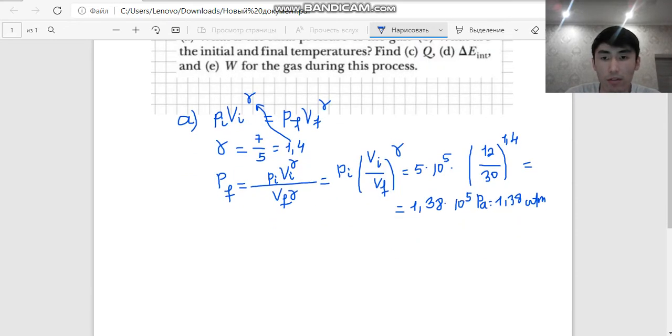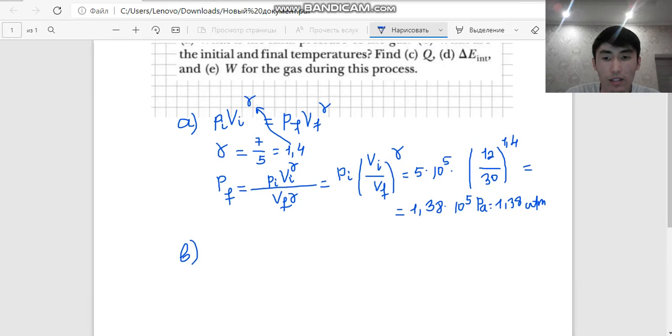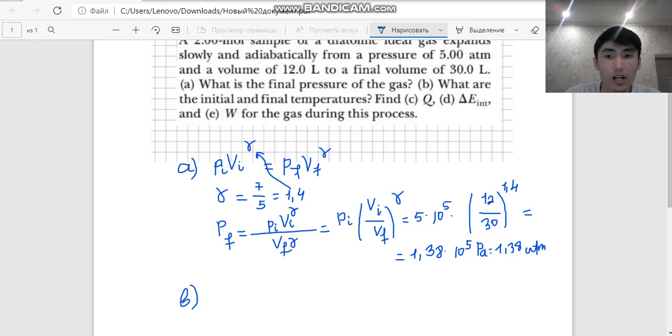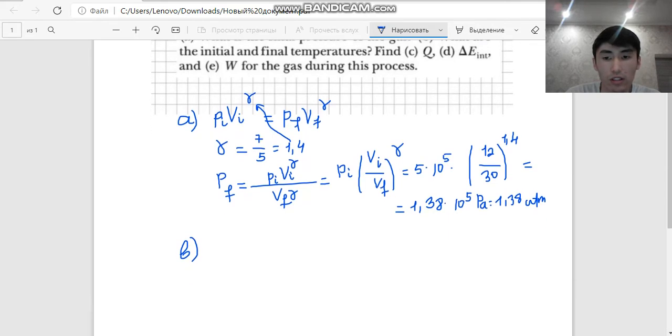So let's find the second answer. What are the initial and final temperatures? We need to find the initial and final temperatures. How to find it? We need to write the equation of the ideal gas law: P initial V initial equals nRT initial.